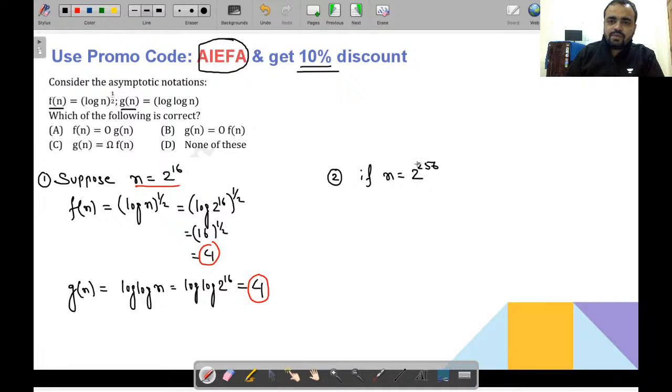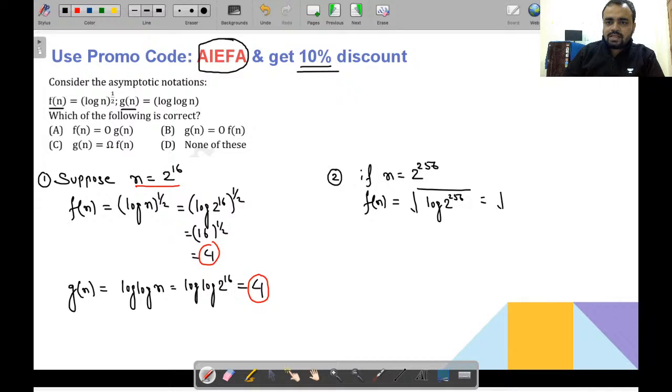256. So if you are considering the value of n is equal to 256, then f of n will become root under log of 2 to the power 256.